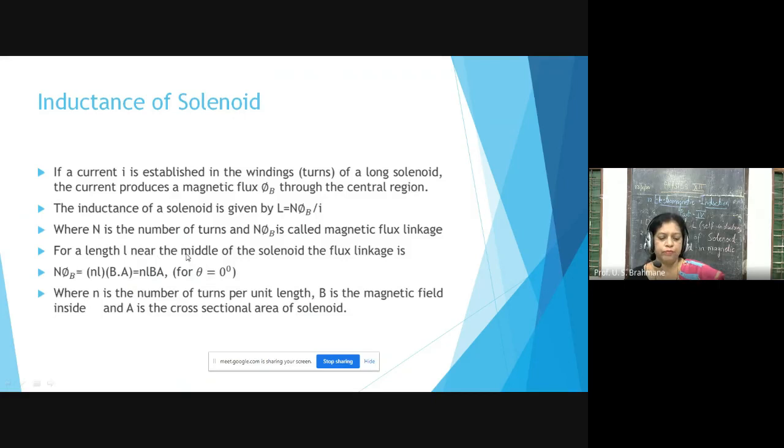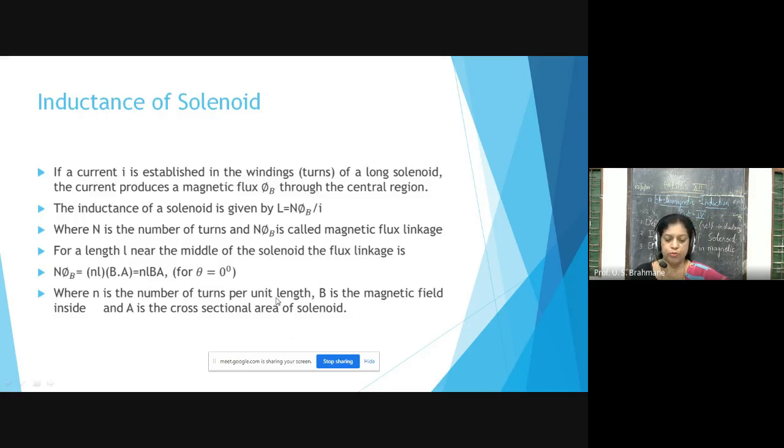For a length L near the middle of the solenoid, the flux linkage is N phi b. We have phi b equal to B dot A, and for n number of turns per unit length, L being the length of that solenoid, it is nL B dot A. So that is equal to nLBA for theta equal to 0, where n is the number of turns per unit length, B is the magnetic field inside, and A is the cross-sectional area of the solenoid.